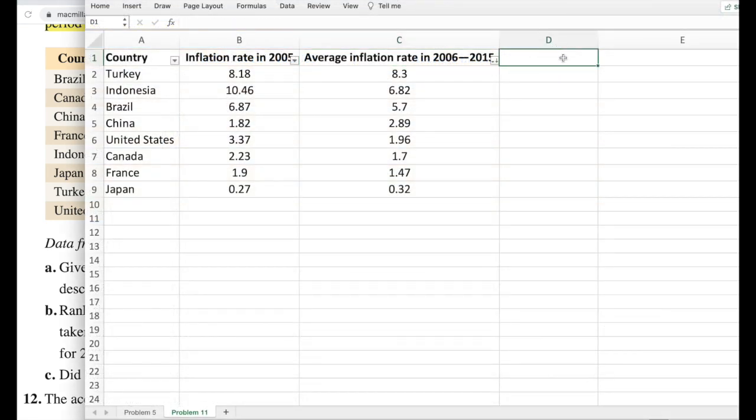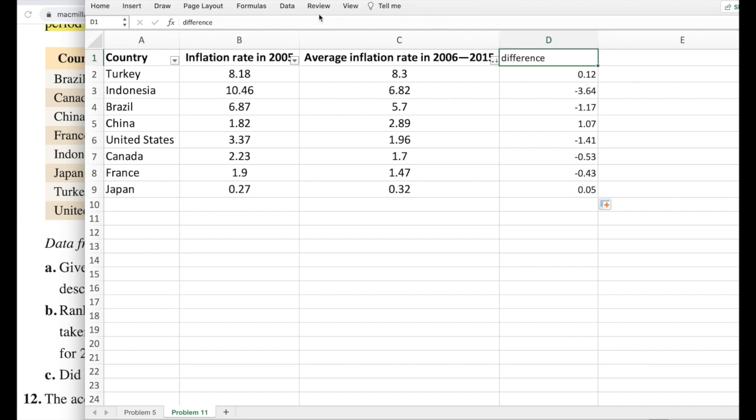In order to do that, I just created a difference column, the difference between the average inflation rate column and the 2005 column. So we have average inflation minus the 2005 inflation rate. This is the difference for Turkey. And if I copy that all the way down, the higher this difference is, the better for the borrowers.